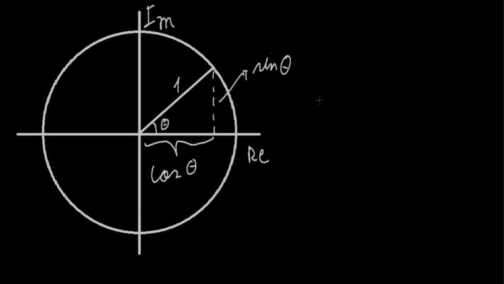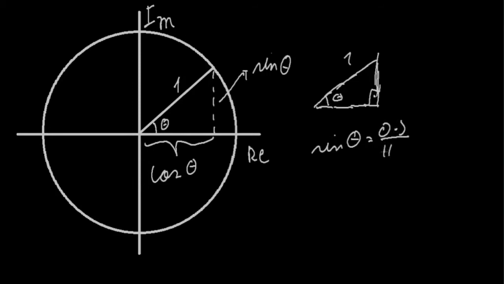If you're wondering why, well, it's just simply because we have a triangle, right? A right triangle with hypotenuse 1, right angle, and if you consider this angle right here, we know that sine theta equals the opposite side over the hypotenuse, and cosine theta equals the adjacent side over the hypotenuse.